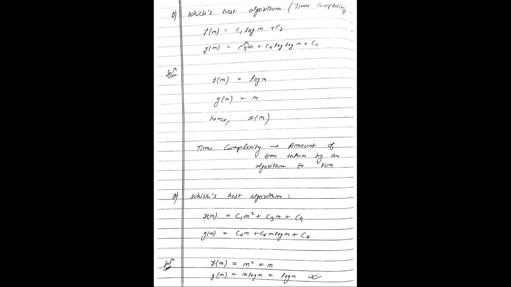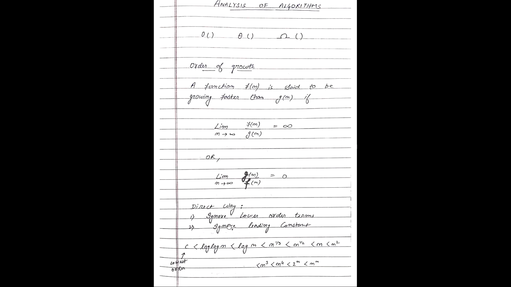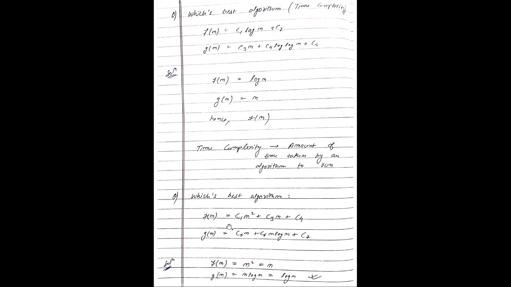There are two functions in this question. First is f(n), second is g(n), representing their own expressions. What we have to do is drop the lower order term, that is C2, as it is written here. Ignore lower order terms.